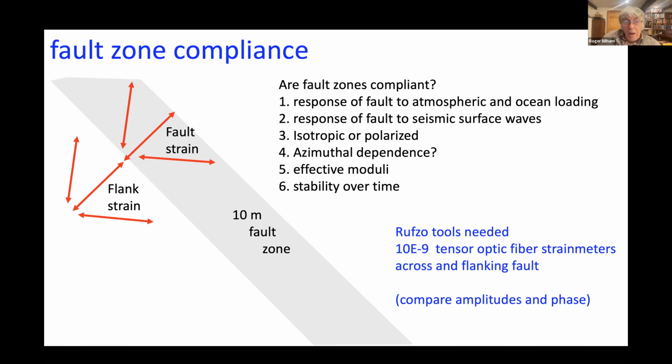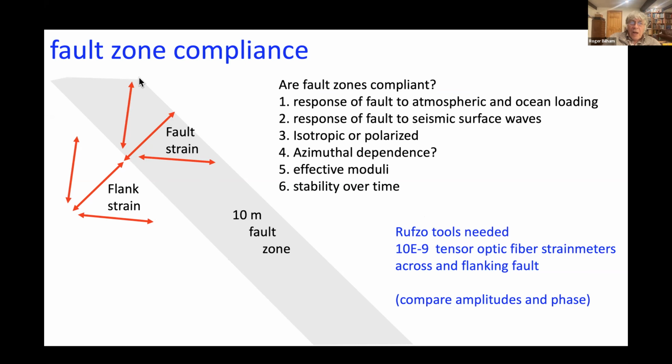And finally, something that can be done. I mean, it's kind of dull, but that's what graduate students are for. Essentially, to look at the effect of loads, regional loads like ocean tides, solid earth tides, and the response of the fault zone to seismic waves, which is probably more interesting.